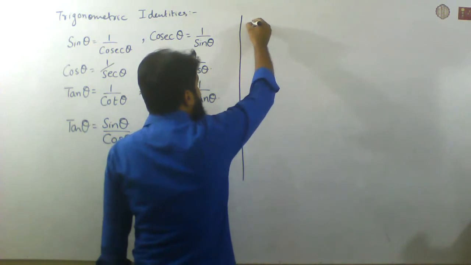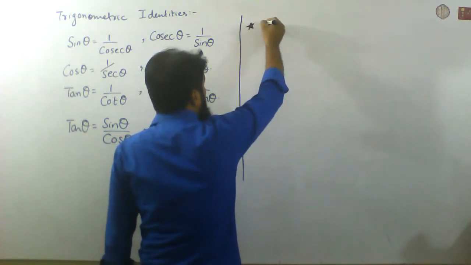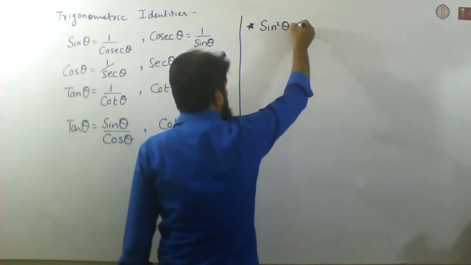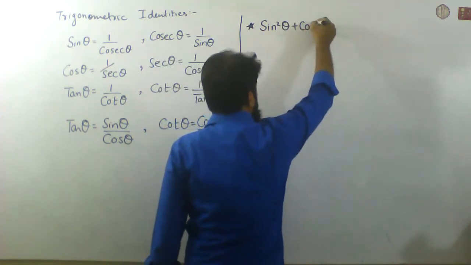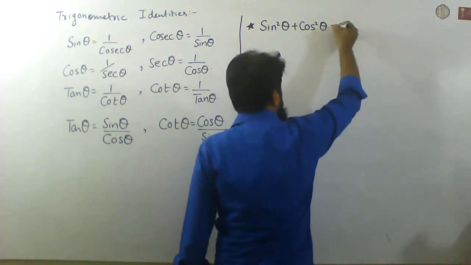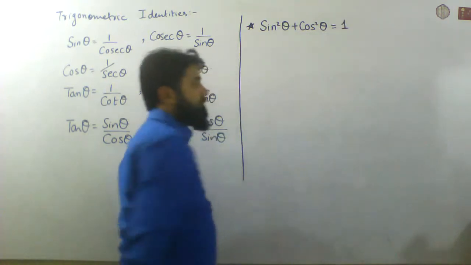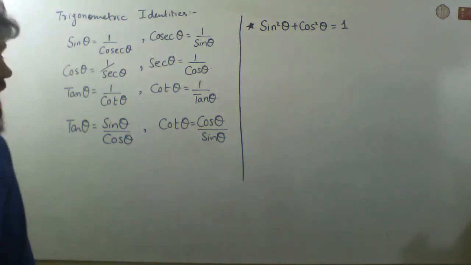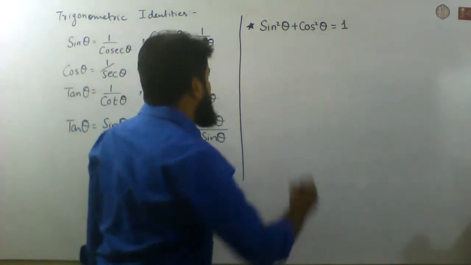First of all, the first squaring identity is sin square theta plus cos square theta equals 1. And what are the different variations you can have?